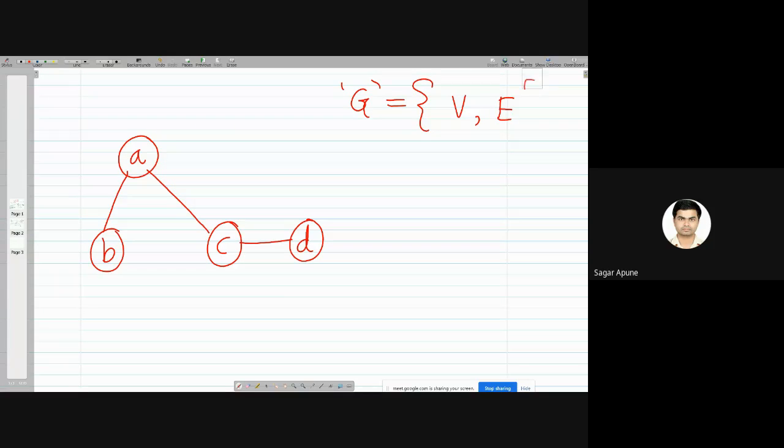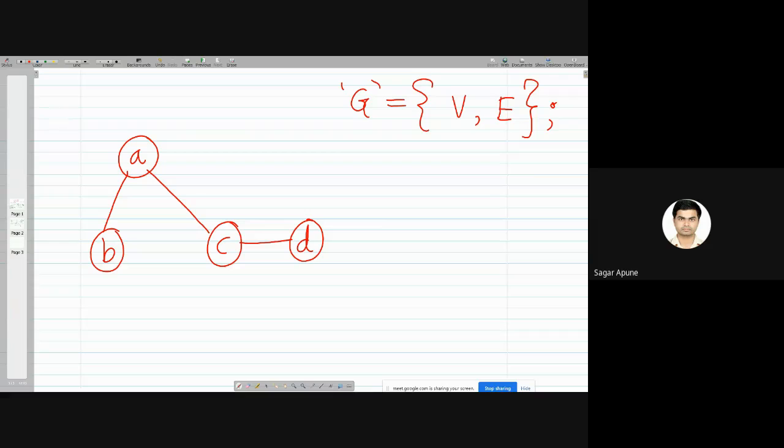We can show it mathematically. We represent a set by using curly brackets, and in curly brackets we mention the elements of the set. So graph is a set of vertices and edges.